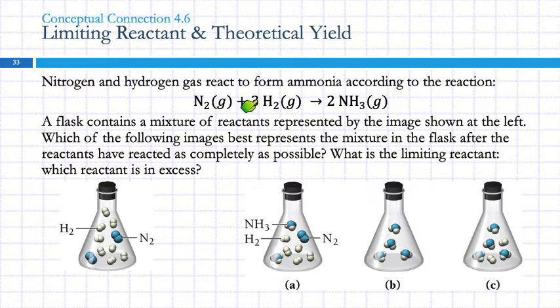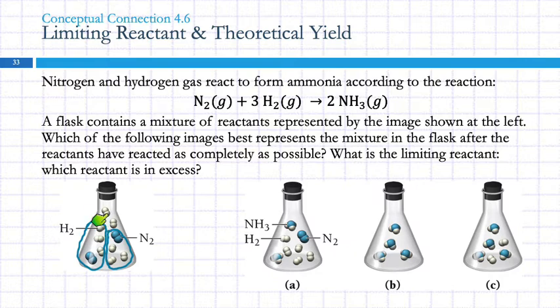Well, we need 3 hydrogen molecules for every 1 nitrogen molecule. So we can just kind of group these here. So those guys there would make 2 ammonia molecules, right? And here's another nitrogen, and it can react with 3. So that's going to make another 2.